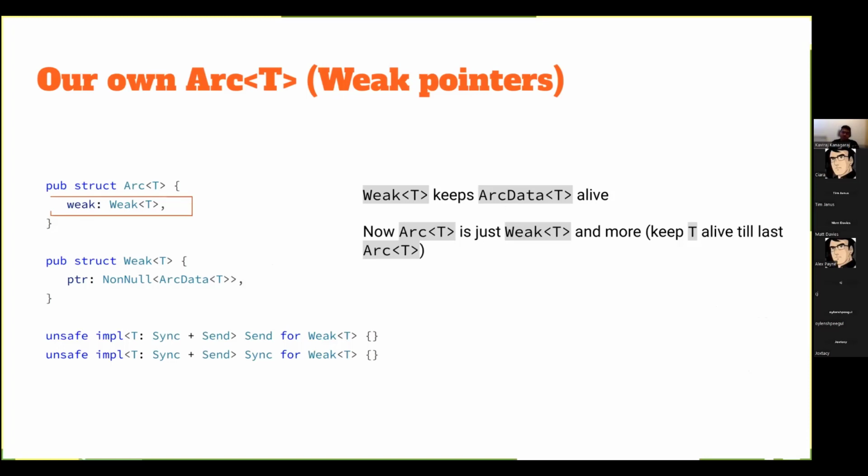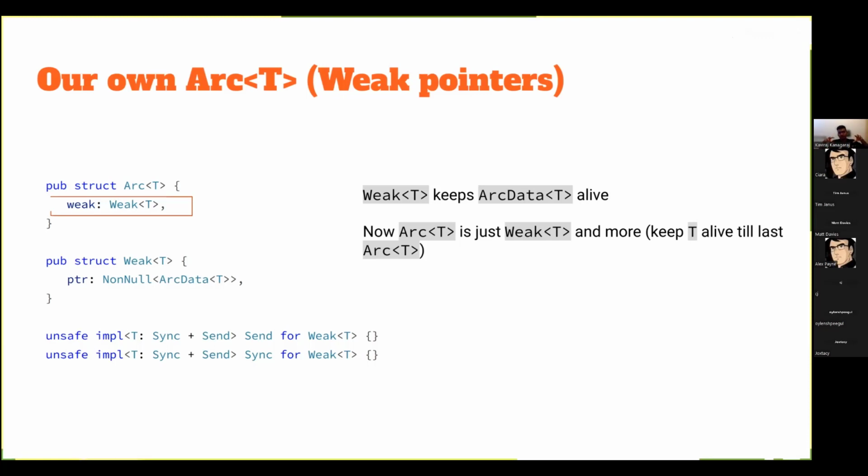Now if you think about it, Weak is something which keeps this ArcData live. Note that just because ArcData is a valid pointer on the heap doesn't mean the ArcData itself points to a valid T. The T could have been dropped. We don't care about that when we deal with the Weak. But once we give out a Weak to the clients, we need to make sure the ArcData is still there. So Arc is now just a superset of Weak.